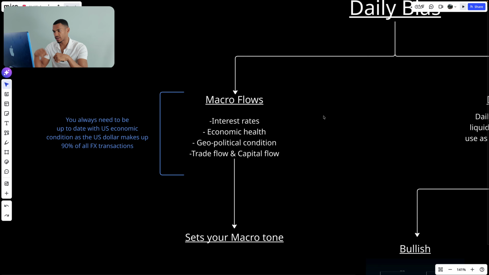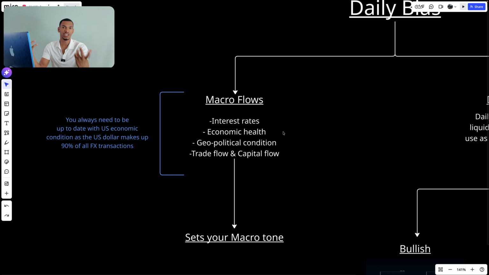And the interest rate tells you how much it costs to borrow a certain amount of currency. The higher the interest rate, the less attractive it is for a country or an individual to borrow that currency, but the better it is for an individual to invest in that currency, right?